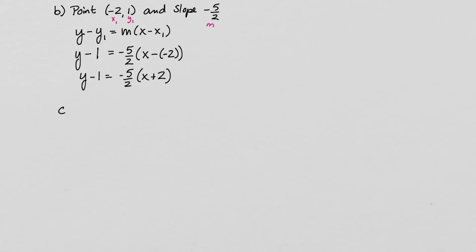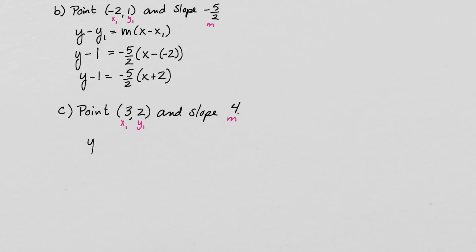And I'll do one more here. So if we had the point (3, 2) and slope of 4, we'll just make it positive 4. So again, here is my m, here is my x1, here's my y1.